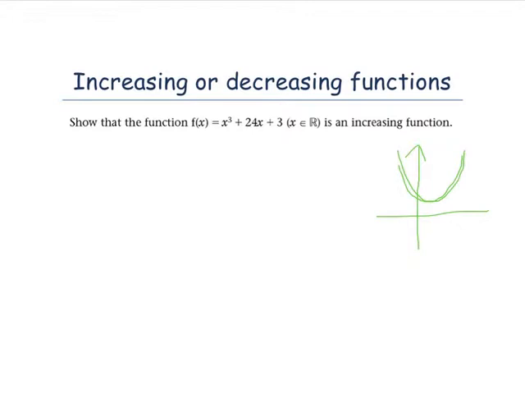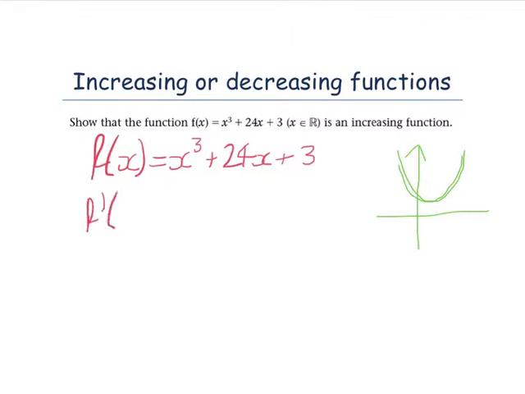Now remember, to find the gradient of a tangent at a point on a quadratic or a cubic graph or any kind of curve, you need to differentiate your function. So we're going to take f(x) equals x cubed plus 24x plus 3, and differentiate that with respect to x.